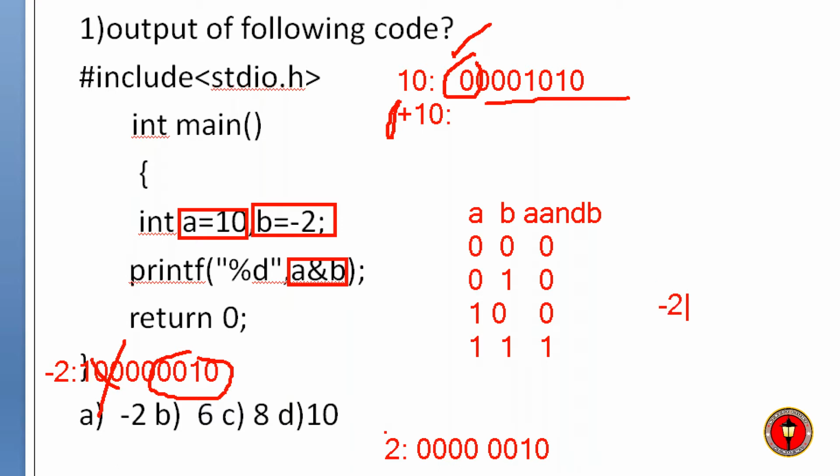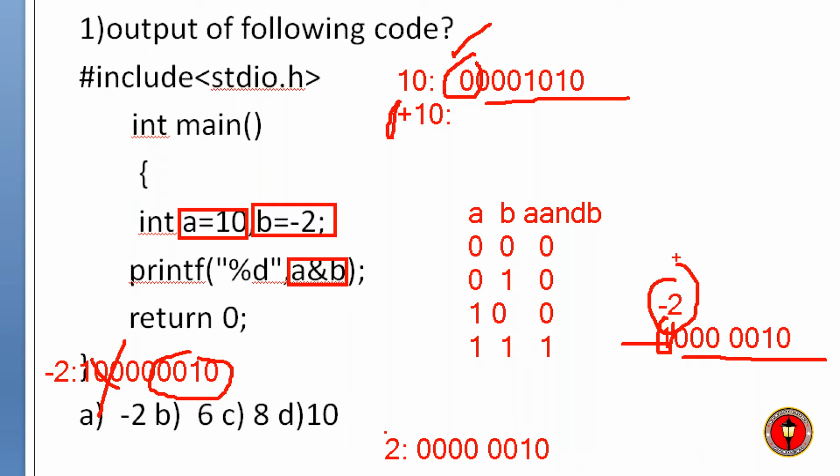So I'm taking minus 2 as 1 000 0010. This is minus 2, where the MSB bit 1 represents the sign and the remaining is the magnitude.